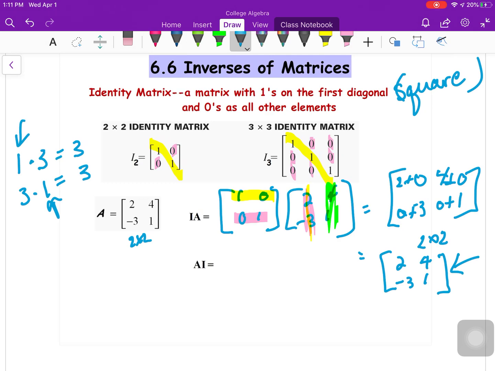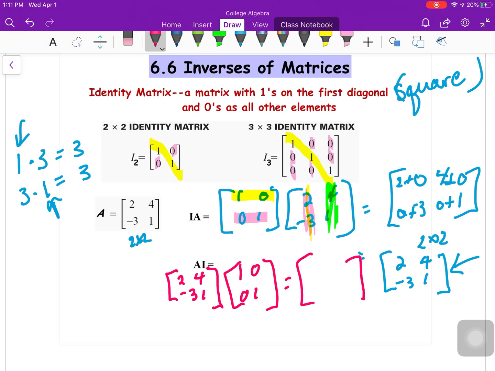So let's see if that works the other way. This time I'm taking 2, 4, negative 3, 1 times the identity, 1, 0, 0, 1. 2 by 2 times the 2 by 2. So I've got 2 times 1 is 2, plus 4 times 0 is 0. That gives me 2.